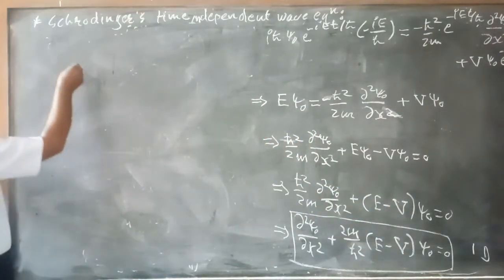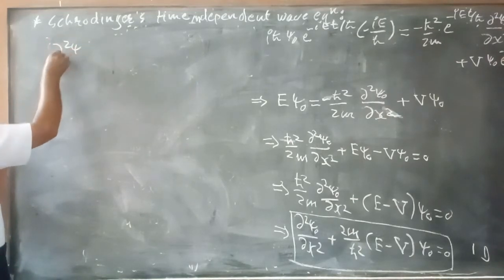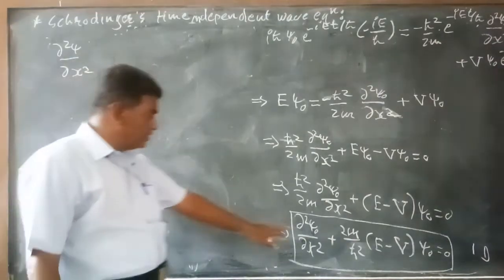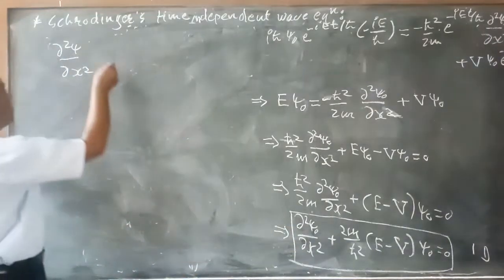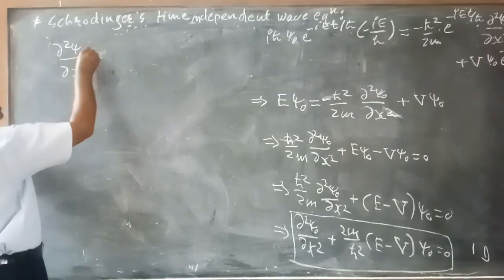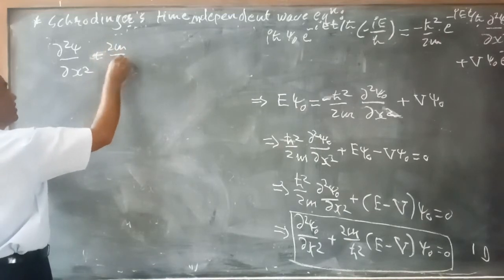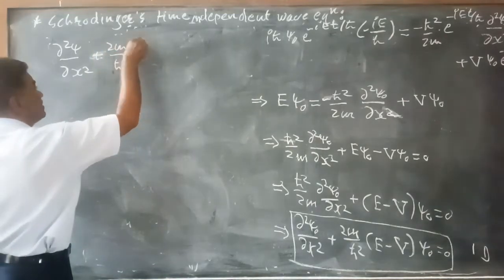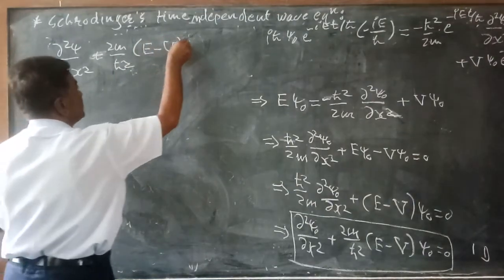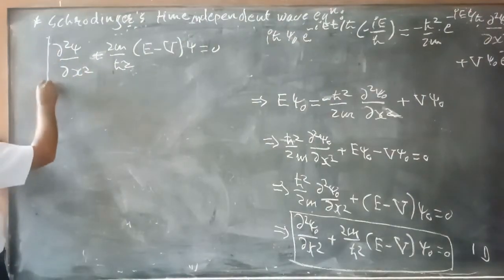So this can be written in the usual form as d square psi divided by dx square, omitting the 0 here, plus twice m divided by h cross square into bracket E minus V, potential energy, psi is equal to 0. So it can be represented by this equation.